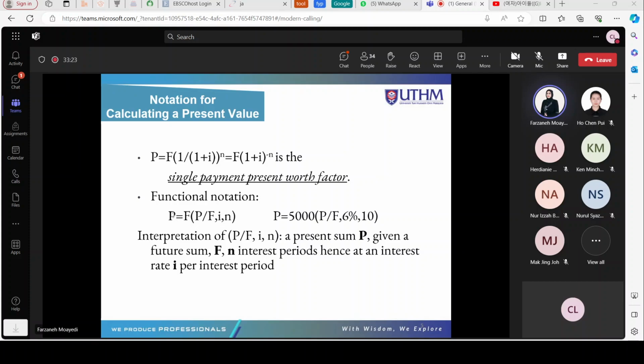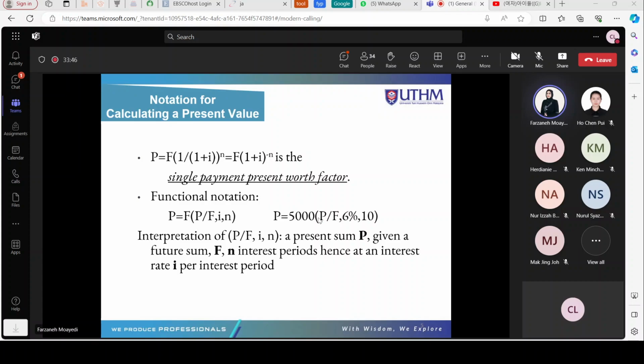So we are looking for the present sum. The future value is given to you. So you want to know how much is the present value of a future sum at the interest rate of I over a duration of N years. This is how you read the notation.